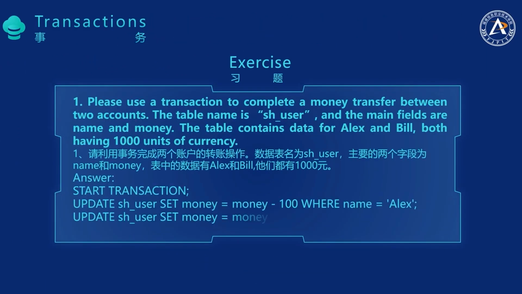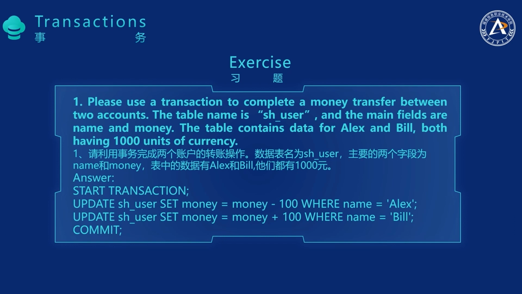Short answer questions. 1. Please use a transaction to complete a money transfer between two accounts. The table name is sh_user, and the main fields are name and money. The table contains data for Alex and Bill, both having 1,000 units of currency. Answer: start transaction.